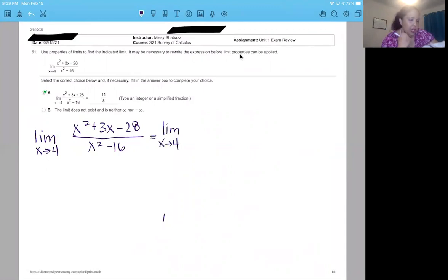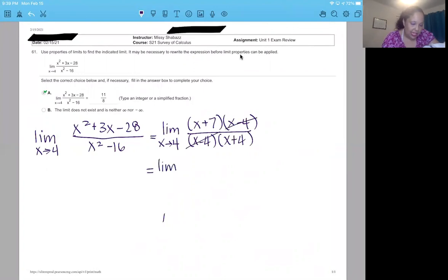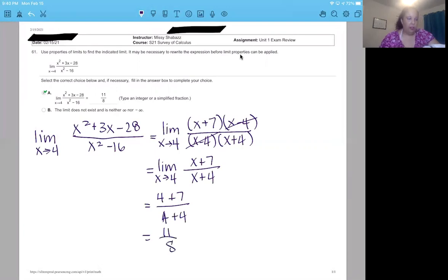So the top is going to factor as x plus 7 times x minus 4. The denominator is going to factor as x minus 4 times x plus 4. Right, my x minus 4's cancel, and I get the limit as x goes to 4 of x plus 7 over x plus 4. Now I can directly substitute in, so I have a 4 plus 7 over a 4 plus 4, which gives me 11 over 8.